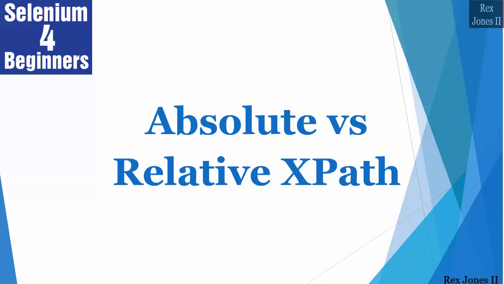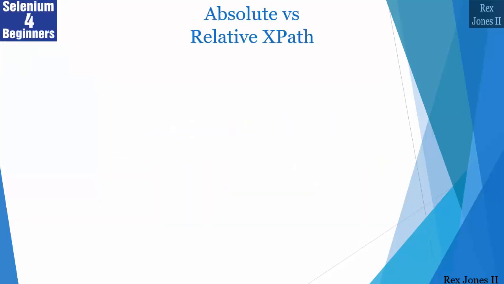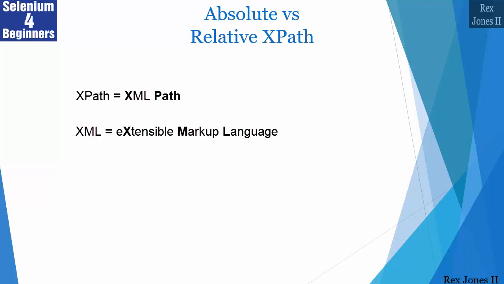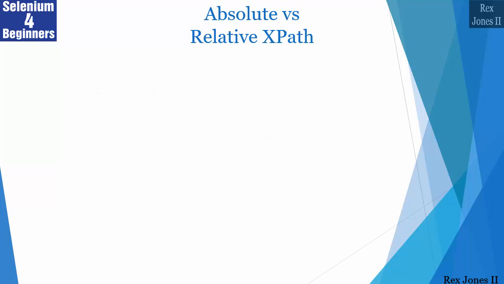What is XPath? XPath is used to navigate through elements and attributes. XPath is short for XML path, and XML stands for Extensible Markup Language. XML is different from HTML.